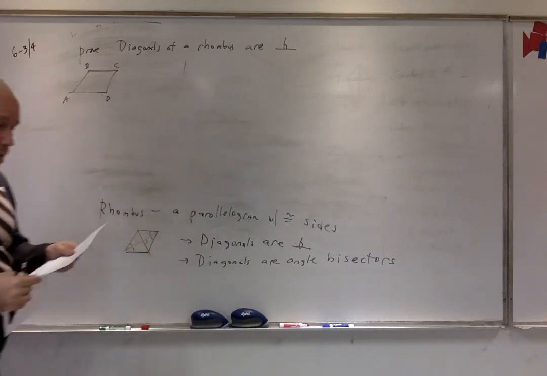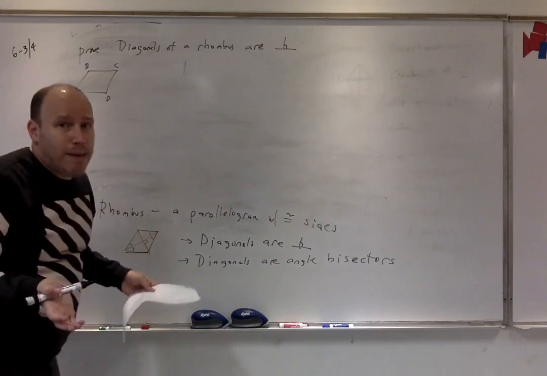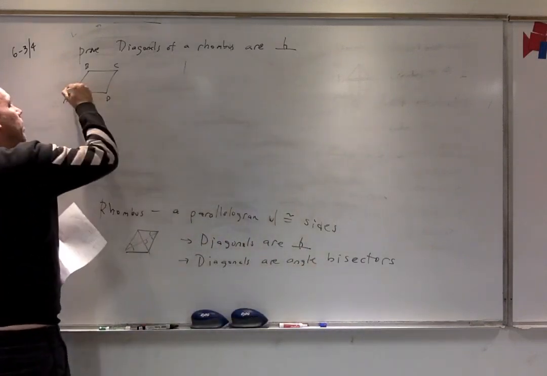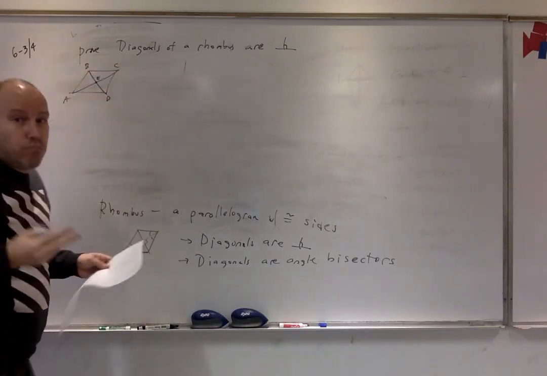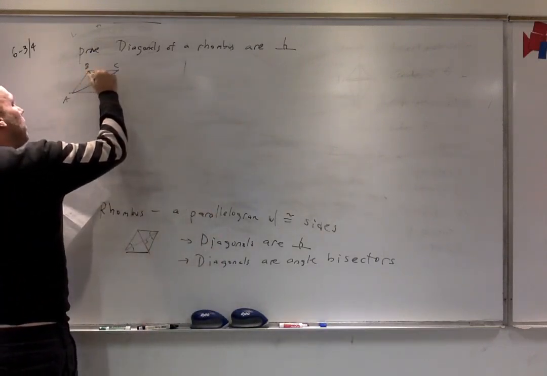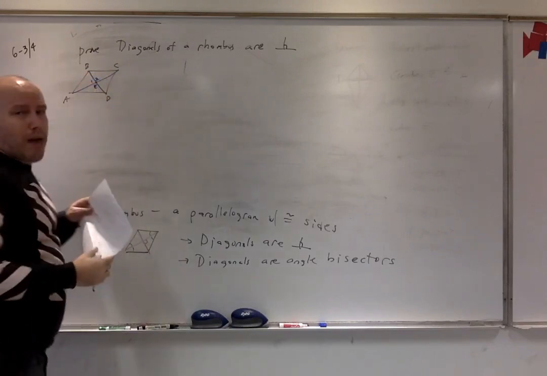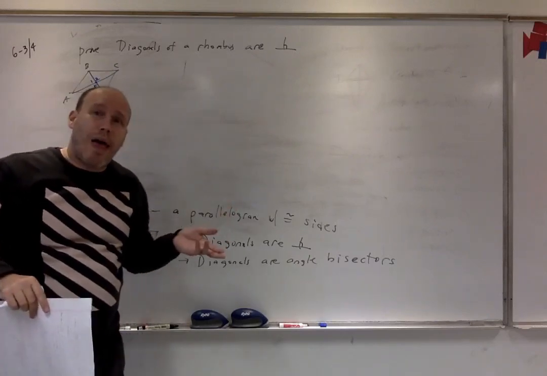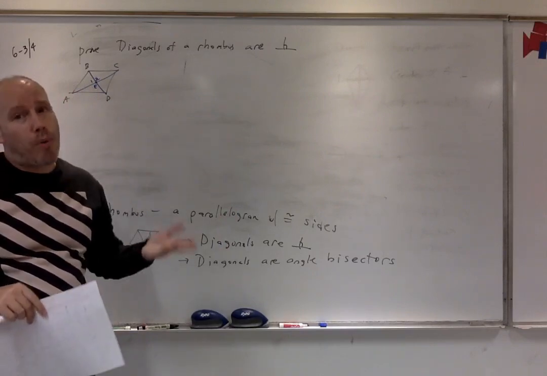What do you think? Well, let's draw in my diagonals, and let's say they meet at point E. Our goal is to prove that angle 1 and angle 2 are 90 degrees, and therefore if they meet at 90 degrees, then those two diagonals are perpendicular.